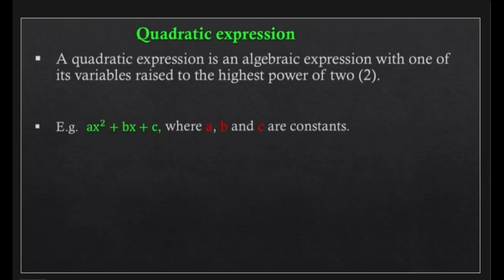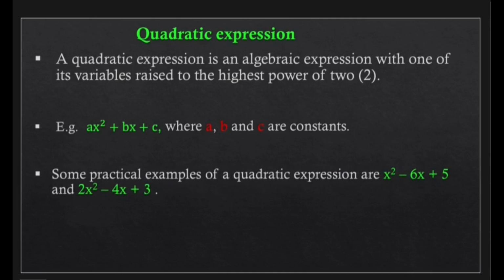So this is an algebraic expression, and some practical examples of quadratic expressions are x squared minus 6x plus 5 and 2x to the power 2 minus 4x plus 3. So let's go straight and look at what factorization of quadratic expressions is.